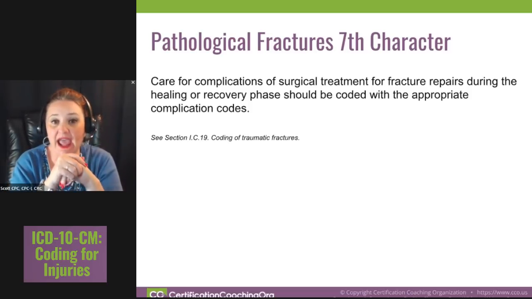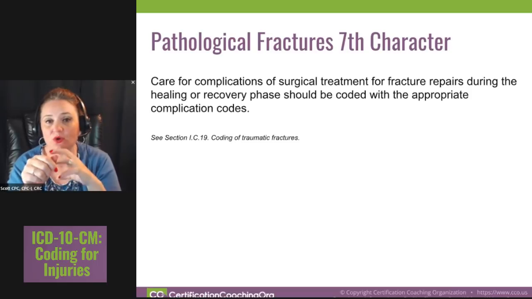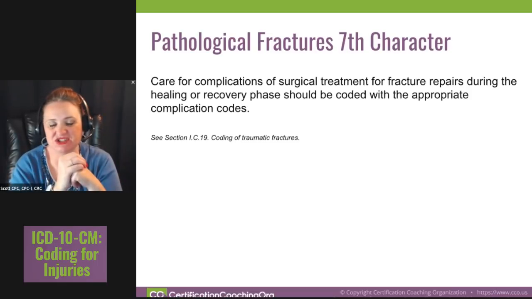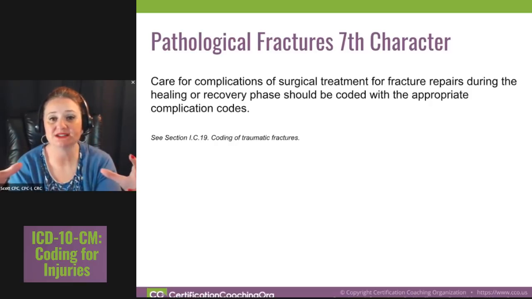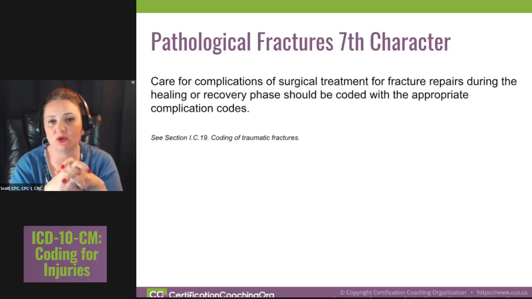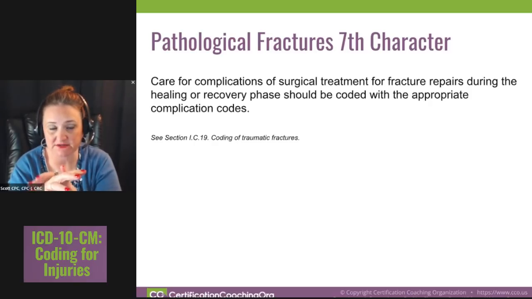So again, is it active treatment to the fracture, or does the cast just need to be redone? It follows the fracture. Are we in the normal healing phase right now? So again, you'd want to be able to read the whole note. If all of a sudden the wrist is swelling and there's a problem, then we can go back to active treatment.